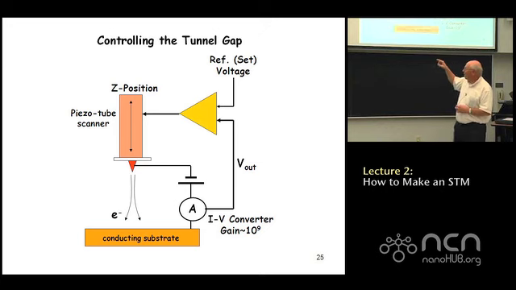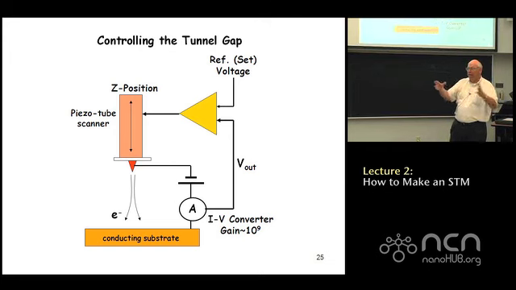You can then compare that 1 volt signal, that voltage out of the I to V converter, to a reference voltage that you set. And what this feedback circuit does is it adjusts the position of the tip, let's say by a piezo tube scanner, in such a way as to maintain a tunnel current that matches the reference set voltage that you specify.